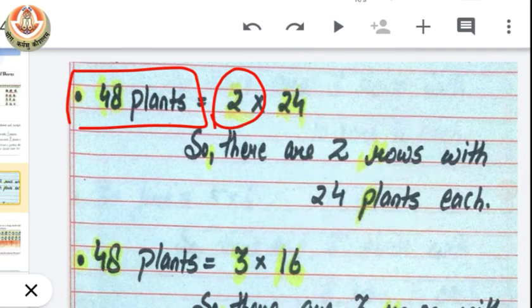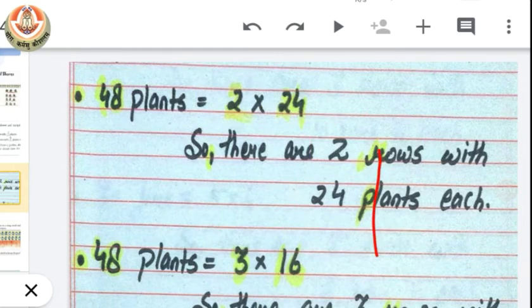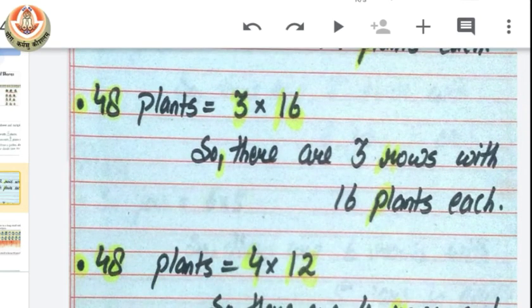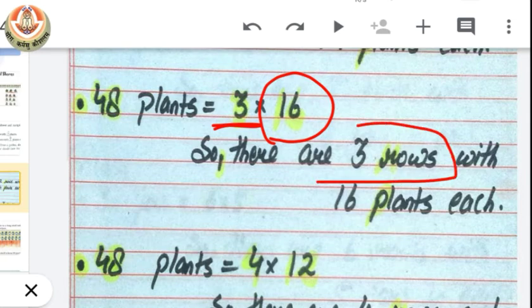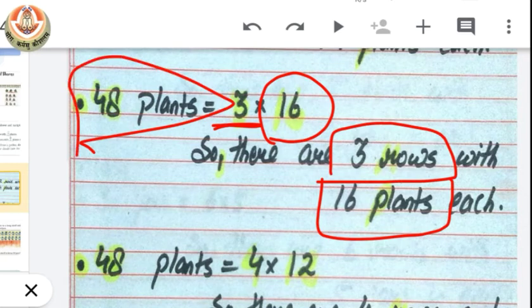So in total we will have 48 plants. But if we want to make 3 rows, then the number of plants in each row will be 16. When we make 3 rows, there will be 16 plants in each row, so there will be a total of 48 plants.